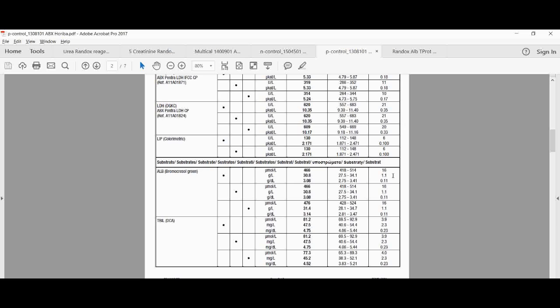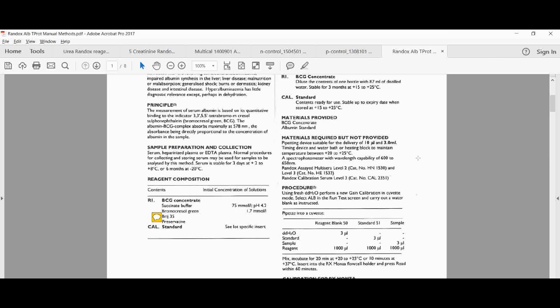So if you multiply that by 3, you're going to get 3.3. If you add 3.3 to 30.8, you get 34.1. Likewise, if you deduct 3.3 from 30.8, you get 27.5. Okay, so that is the multi-serial.